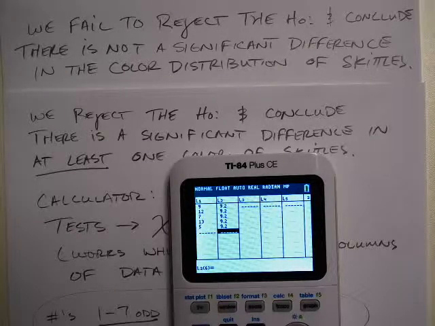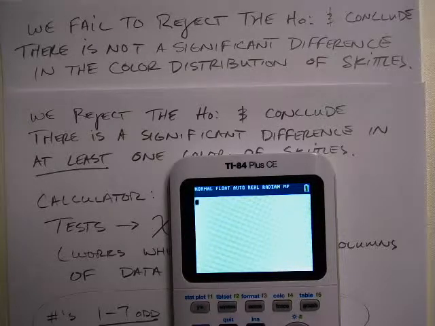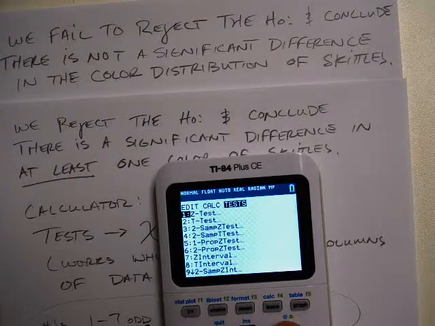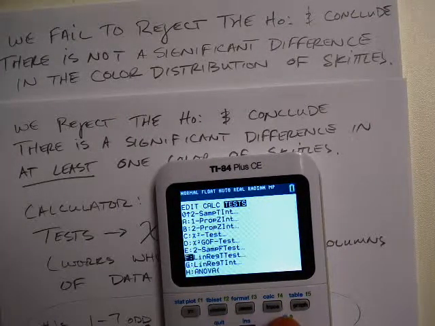Once you get that in there, then we go to our test, which Peyton said he found something. Is it the x squared test or whatever? Chi-squared goodness of fit, yes. So if you go over to tests, the goodness of fit test or the chi-squared tests are kind of at the bottom, so I like to go up to get to them. We want D, chi-squared goodness of fit.